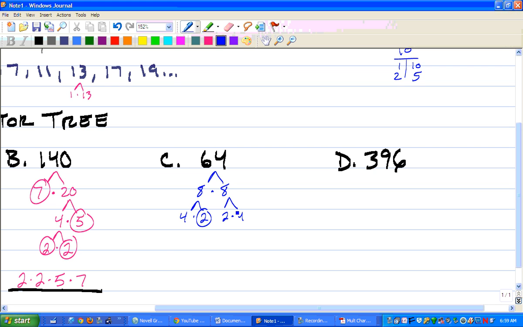It doesn't matter how you order your numbers. 4 is 2 times 2, and 4 is 2 times 2. So the prime factorization of 64 is 2 times 2 times 2 times 2 times 2 times 2. That's 1, 2, 3, 4, 5, 6.